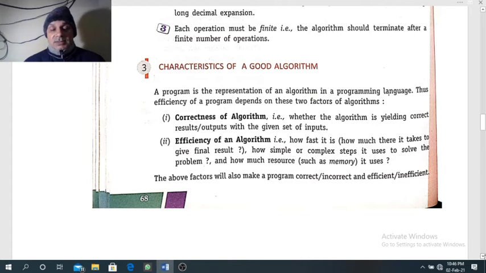I have just told you, an algorithm is a set of instructions given to solve a problem, and that set of instructions is given in simple English. But when we convert this algorithm into a programming language, then it becomes a program.